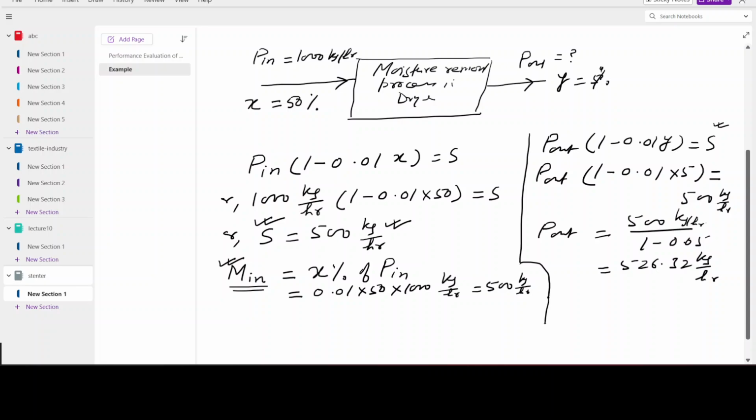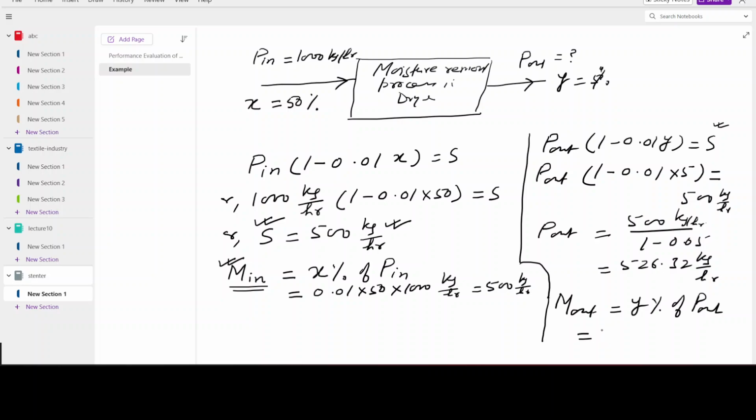Once we know P out, then we can find out the mass of the output moisture. M out is equal to Y percentage of P out.